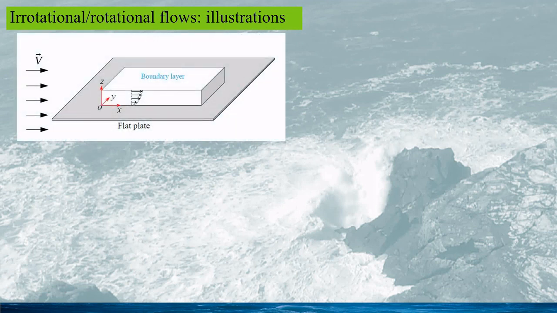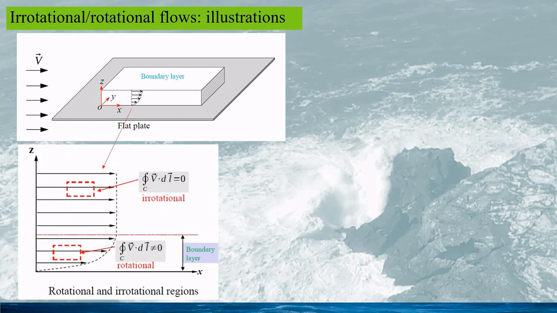For a uniform flow past a glass plate, due to the fluid viscosity, near the plate surface there will be a layer where the fluid velocity increases from zero to the same velocity as that of the uniform flow. This layer is called the viscous boundary layer.